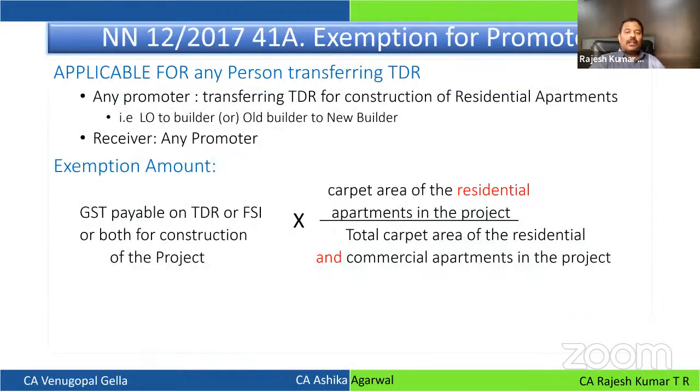Though there may be differing views, when you really sit at your desk trying to compute it, the explanation given in notification 12 also will not help you correctly determine what value you need to adopt. Again, we fall short of clarity. So that's a gray area which one has to keep in mind while determining the allocation of the tax to be paid on RCM basis, especially in this mixed supply concept. That is from my side.